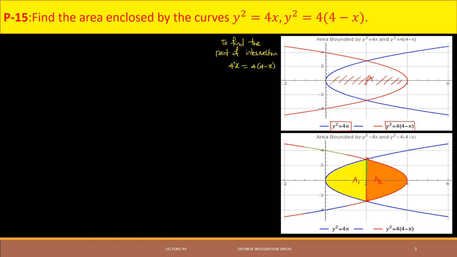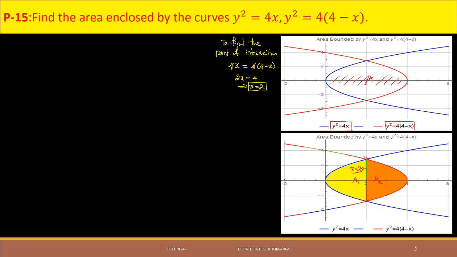Solving these two gives 2x is equal to 4, which implies x is equal to 2. So this is the straight line x is equal to 2.